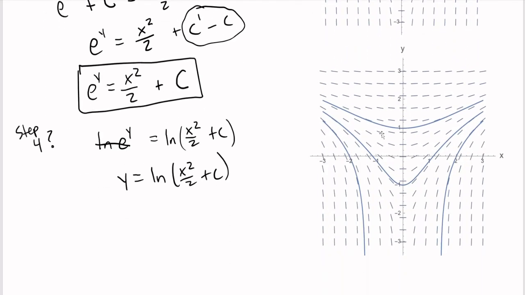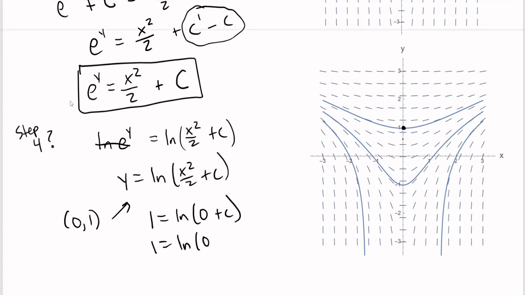If you're really interested, you could plug in a couple numbers here and see what happens. Assuming these are jumps of 1, you could plug in 0, 1. What's the solution that's going to go through here? Plug in. We're going to get 1 equals natural log of 0 plus c, which is just c.